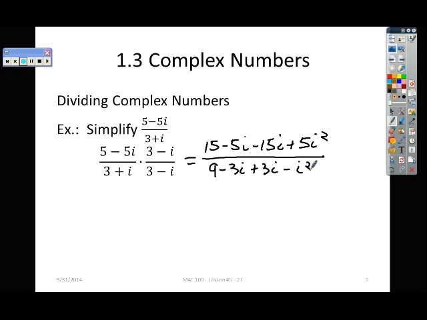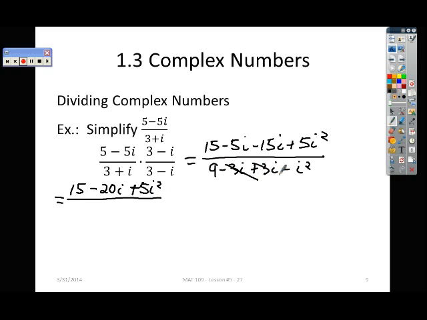Four terms. FOIL gives you four terms, right? Now let's combine what we can combine. In the numerator, I can combine those two. In the denominator, I can combine those two. So in the numerator, I get 15 minus 5i minus 15i gives me minus 20i plus 5i squared. And in the denominator, what do I get?